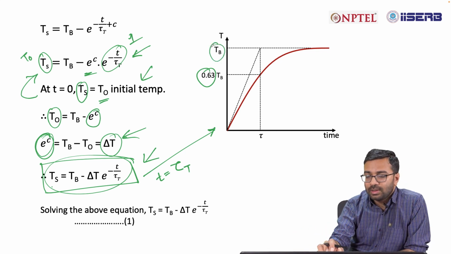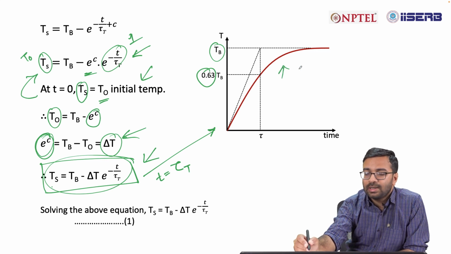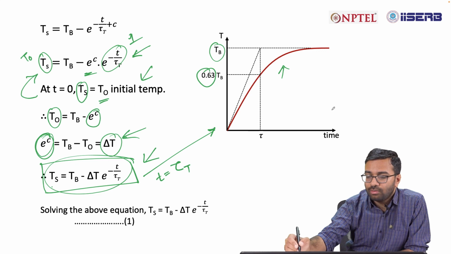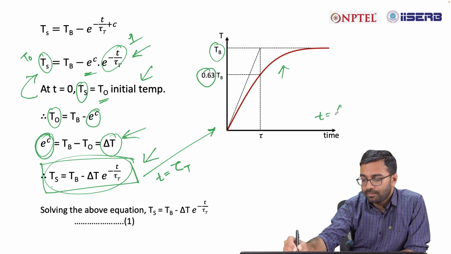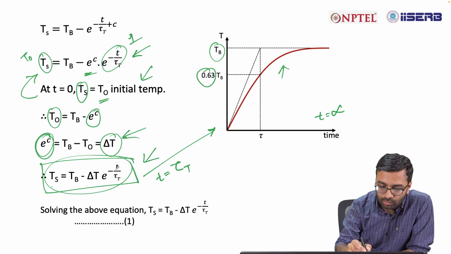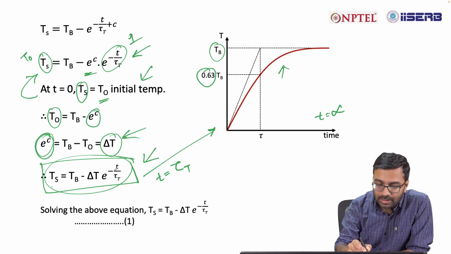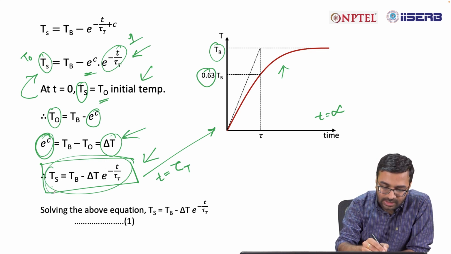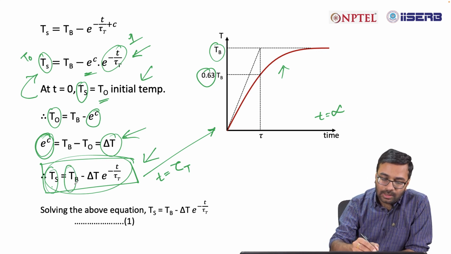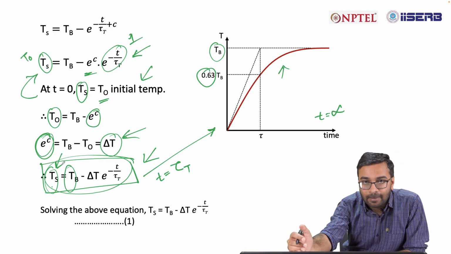From this plot, it is very clear that the temperature will reach Tb at t equal to infinity, right? Even in the equation, if t equal to infinity, then e to the power minus infinity is 0, then your Ts is equal to Tb. Otherwise your Ts, the value of sensor temperature, will never reach Tb.